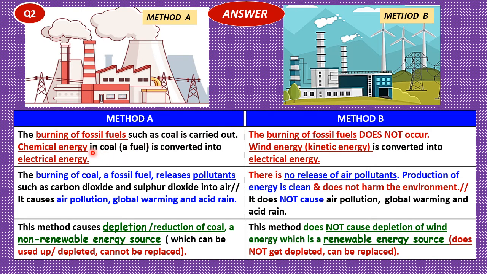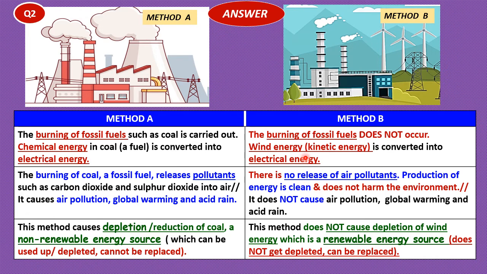So in method A, the chemical energy in the coal, a fuel, is converted into electrical energy. Okay, when you burn the coal, the chemical bonds in the coal will break up, and then the chemical energy is converted into electrical energy. But for method B, it's wind energy or kinetic energy, because the blades will turn, so there's kinetic energy in that.